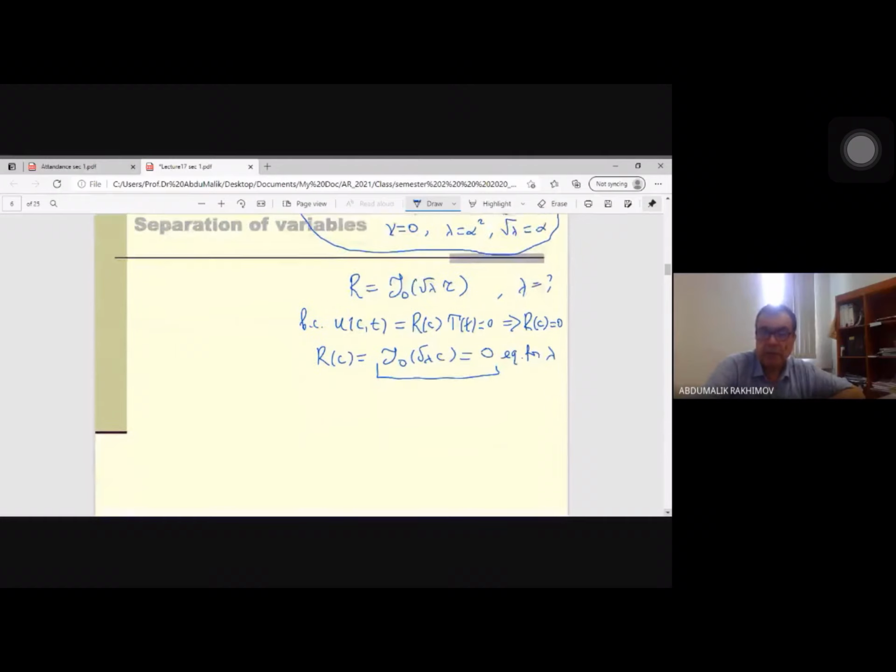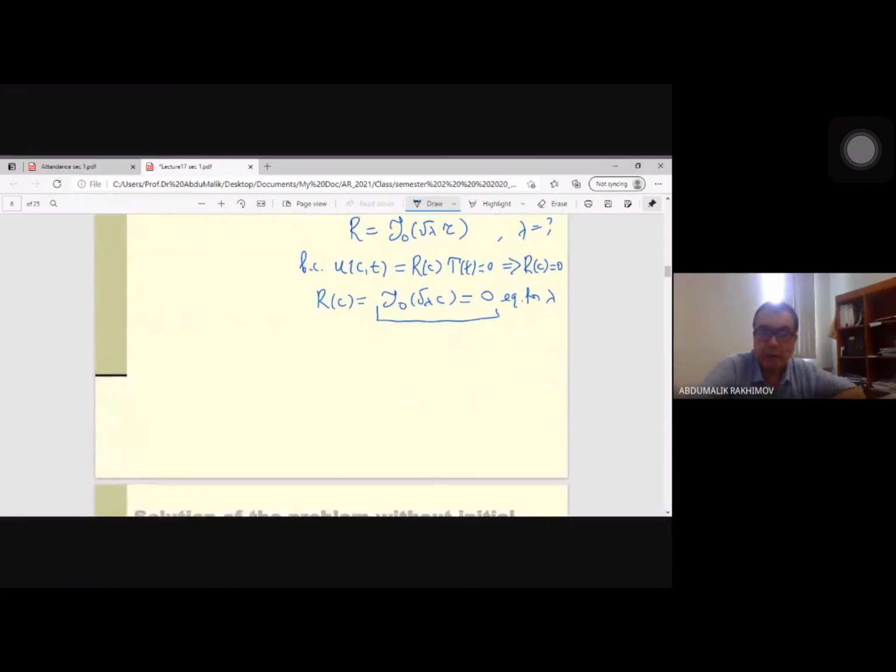So these are zeros of the Bessel function, right? How can we find them? The graph of the Bessel function J0 is like this. Let me remind you. It starts from 1, and it is oscillating and damping.